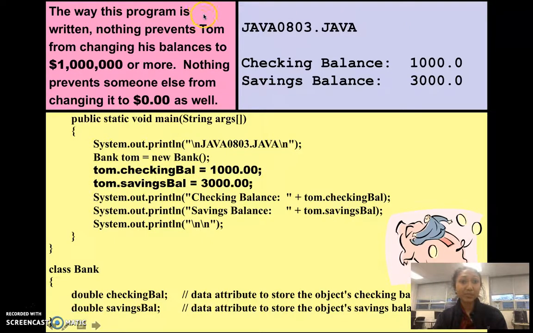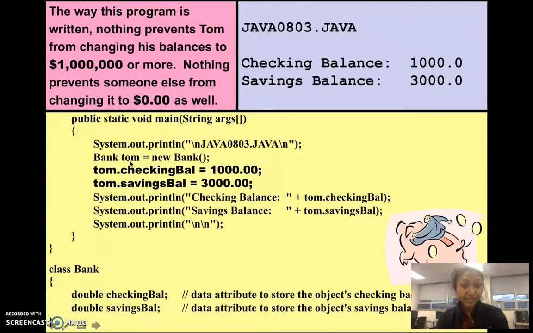Okay, this way of programming is risky. Nothing prevents Tom from changing his balances to 1 million or more. Nothing prevents someone else from changing it to 0 as well. So do you see what they are trying to highlight here? In the class, they declared two variables, checkingBalance and savingsBalance, okay? And here's your main program.